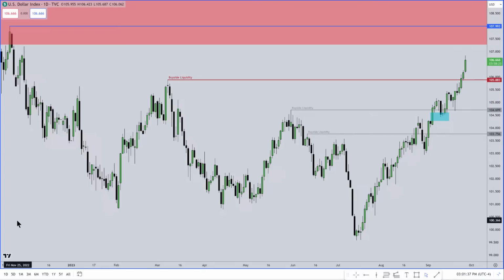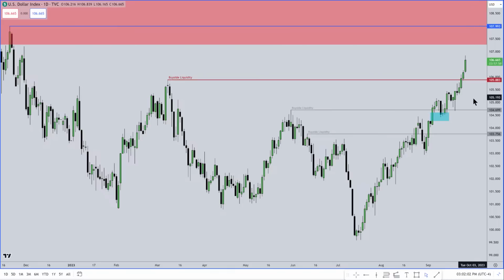So we're going to be doing a rather brief review today, and we're starting with the dollar index. As I mentioned this morning, we did a live stream before the opening bell of the equity market, and I mentioned how this level here and this high here would be used as a draw.